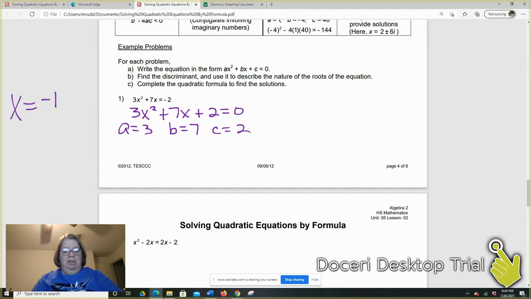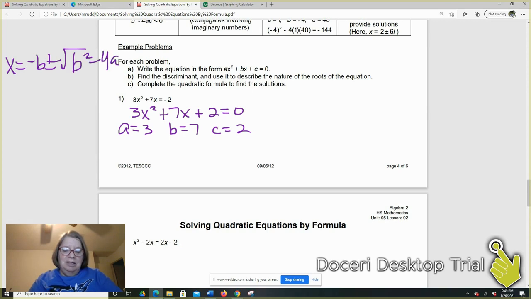X equals negative B plus or minus the square root of B squared minus 4AC, all over 2A. Remember that? You can go straight from here, plug this ABC into that formula, and you've got it.